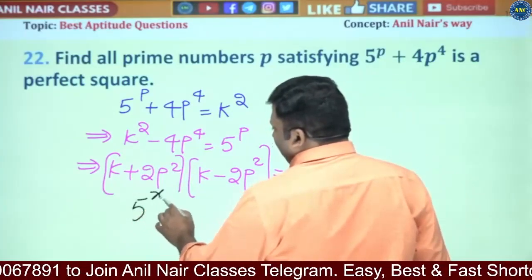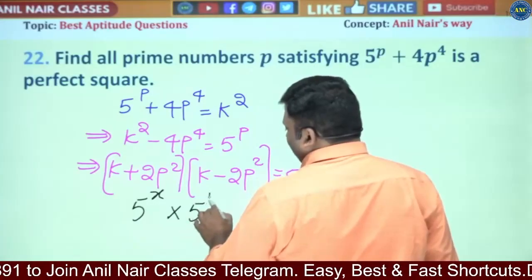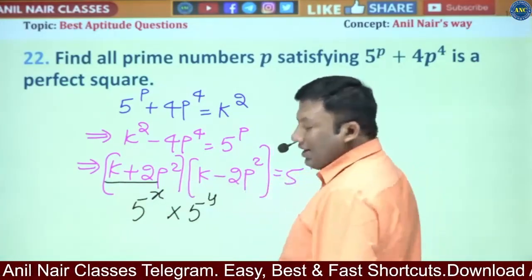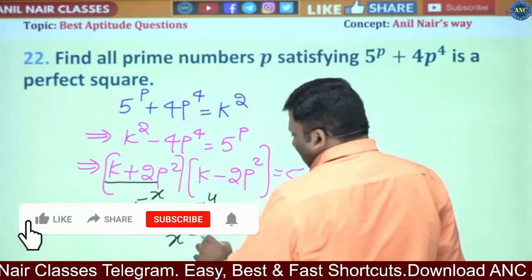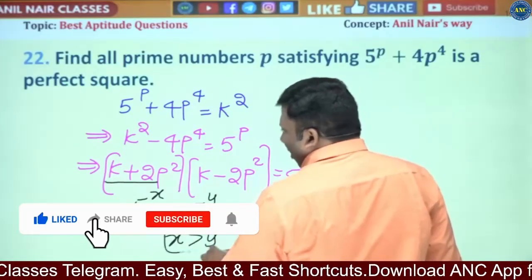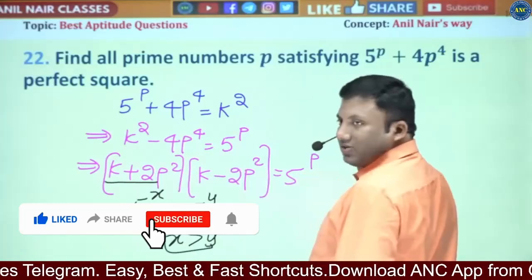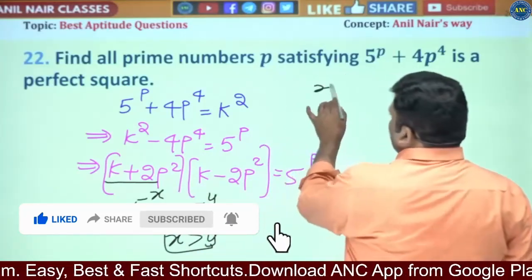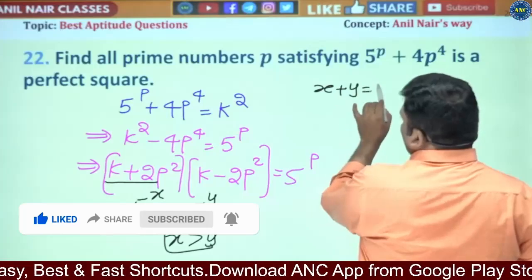Let these be 5^x and 5^y. If you observe, k + 2p^2 is greater than k - 2p^2, that means x is greater than y. Obviously, this value will be greater than this value. So 5^p is distributed on both of these, so x + y should be equivalent to p.